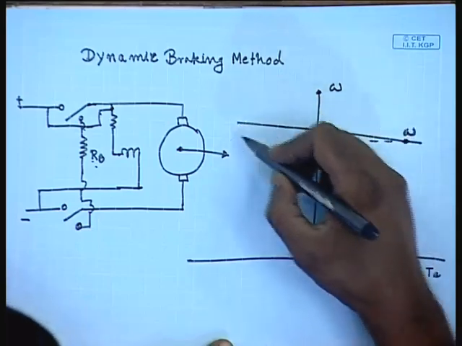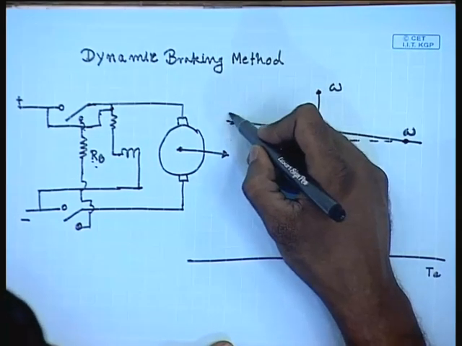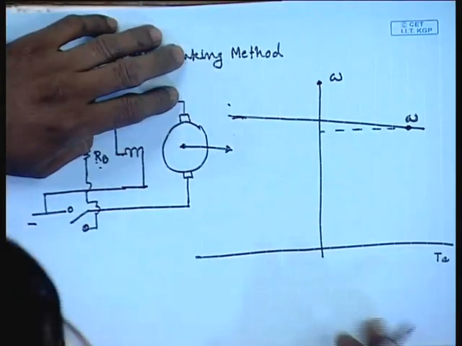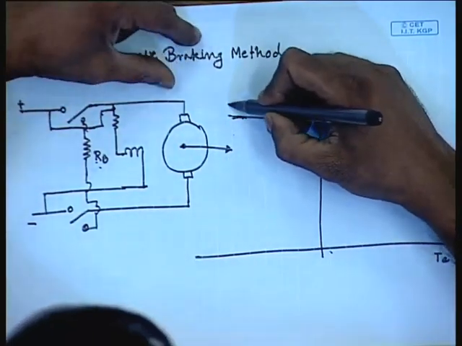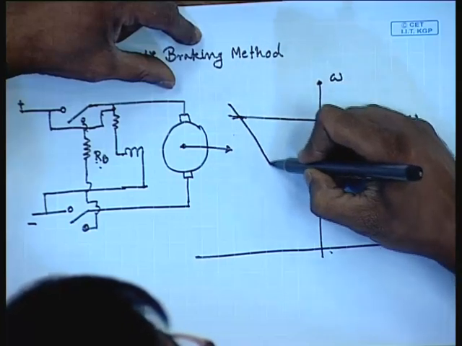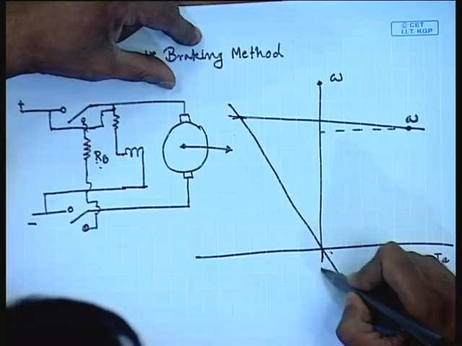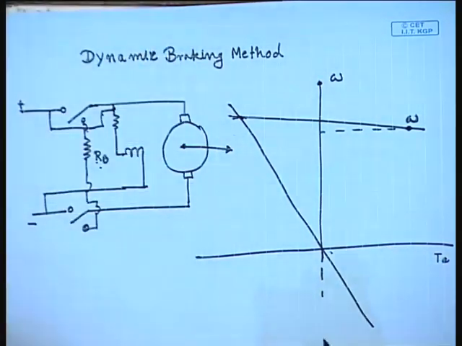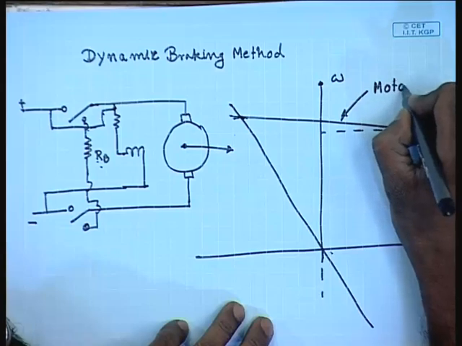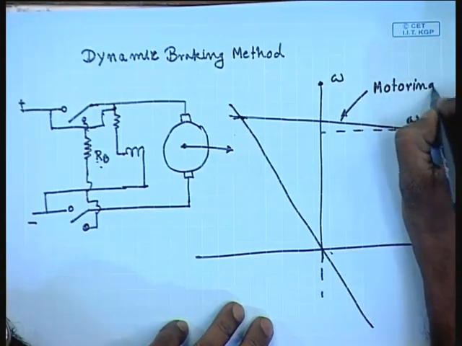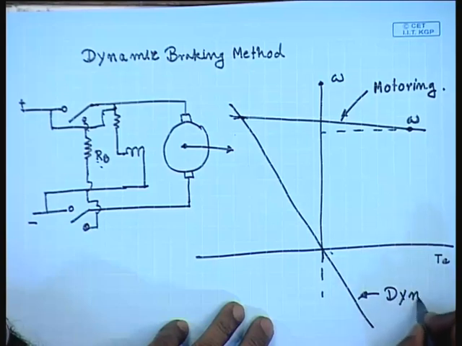So the characteristic now becomes a straight line passing through the origin, the slope of which is determined by the braking resistance Rb. So this is the motoring characteristic, this is the dynamic braking characteristic.